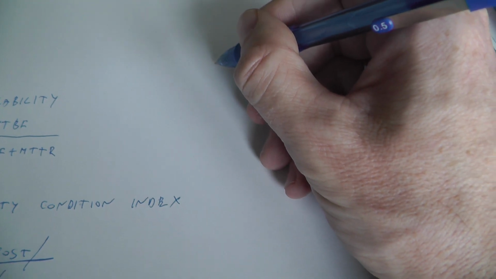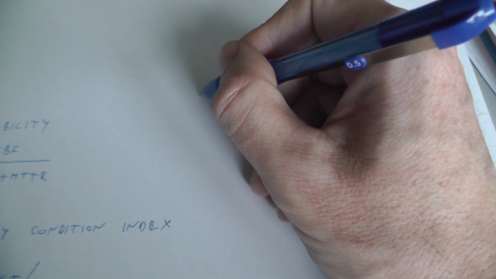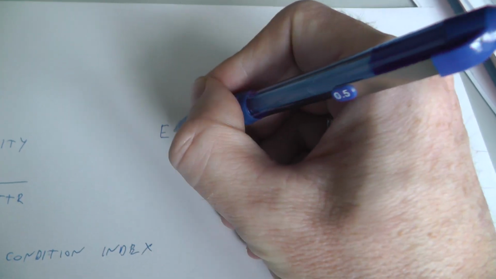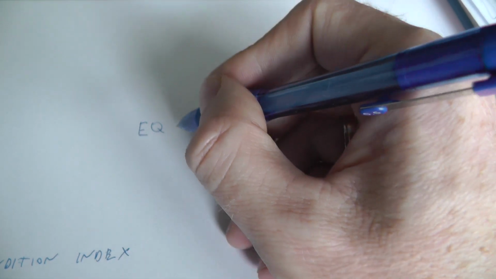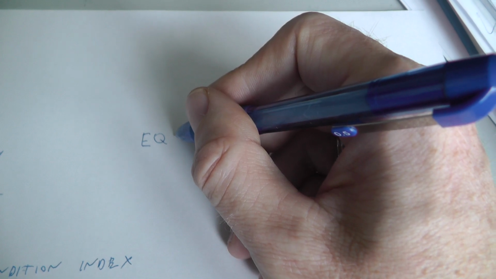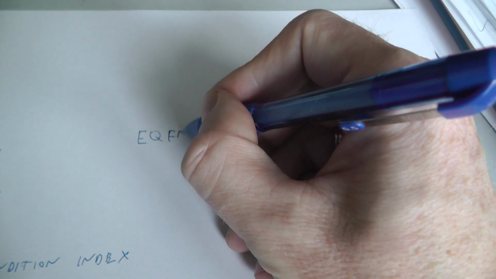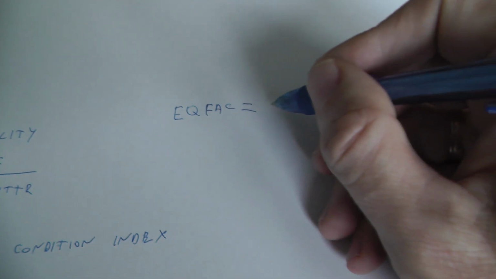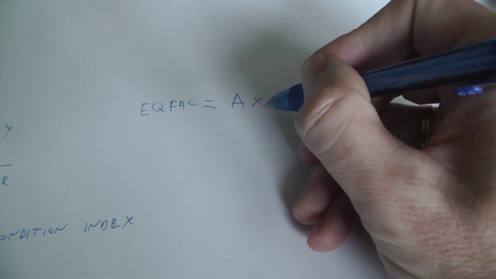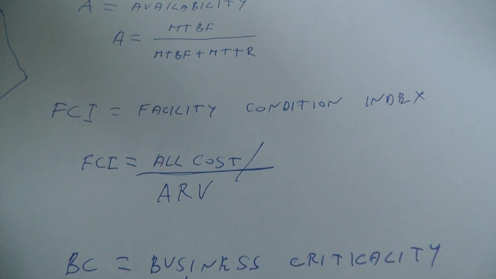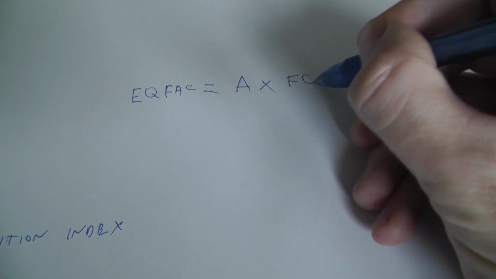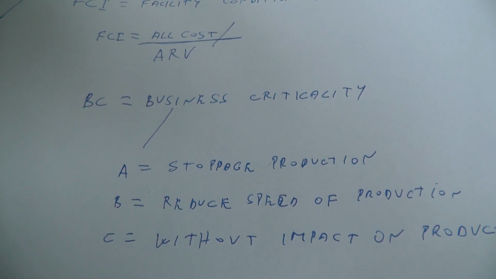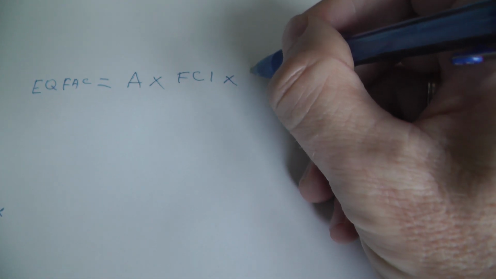We can create a name like equipment factors equals, and we know that we have availability, so A, multiplied by facility condition index FCI, multiplied by business criticality BC.